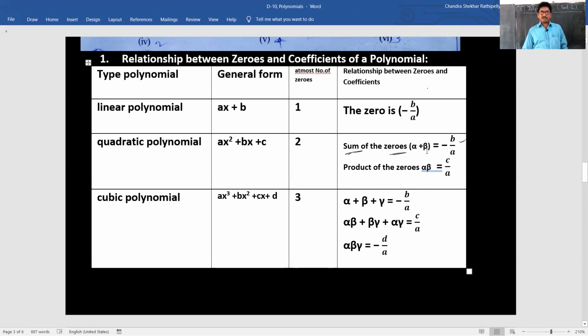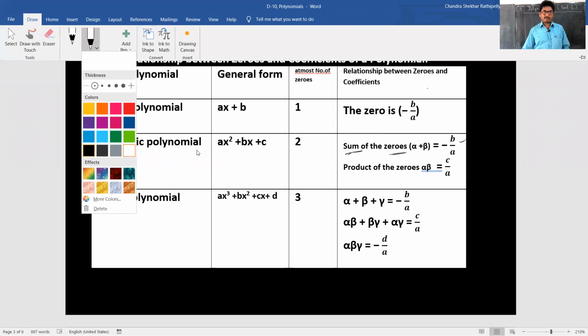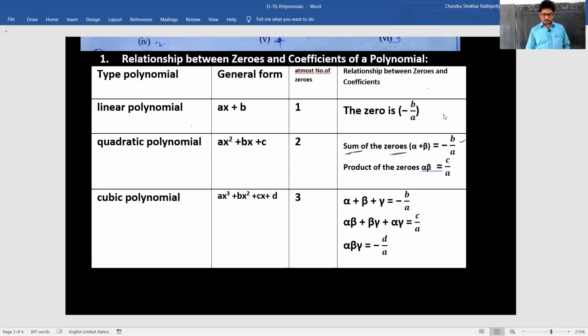Now, A is the coefficient of x square, B is the coefficient of x, and C is what, children?